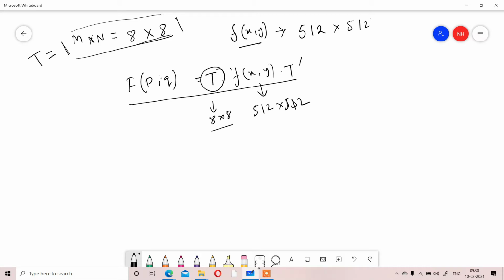So how is it going to happen? How will the multiplication happen? An 8 cross 8 matrix multiplied with a 512 cross 512 matrix will not be done in a straight way.